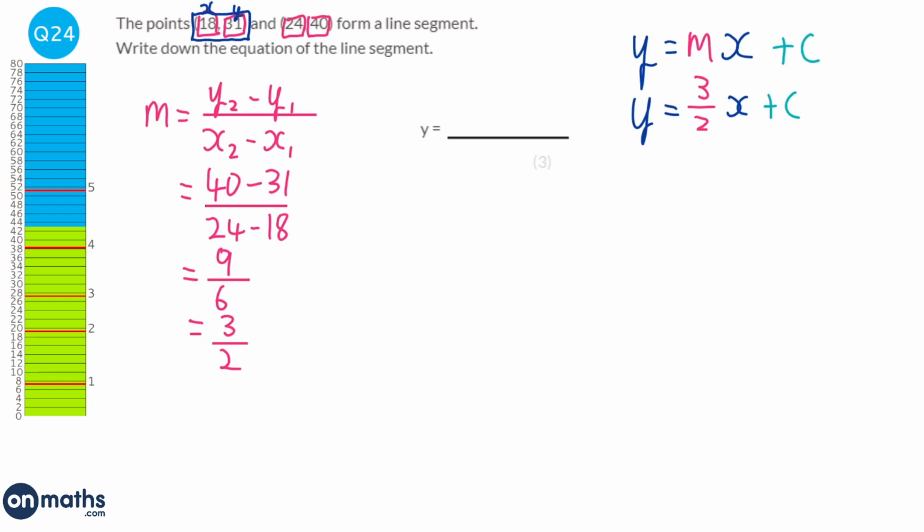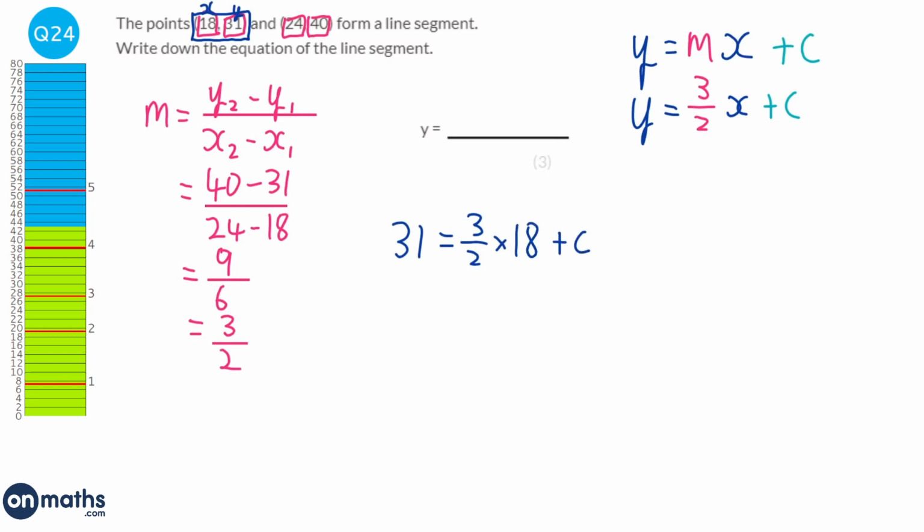So what I'm going to do is just write out the equation I've just written out, but instead of writing y, I'm going to write in 31. Instead of writing x, I'm going to substitute in the 18. So it's going to be 31 equals 3 over 2 times, and the x component was 18 for our first coordinate, and then we've got the plus c.